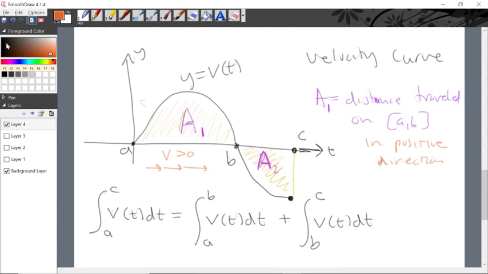So imagine there was an object that for this time interval from A to B was moving to the right. It was speeding up until here. This was where it had its maximum velocity, by the way. All right, this right here is its maximum velocity. That's when it was moving the fastest, but it is moving to the right.